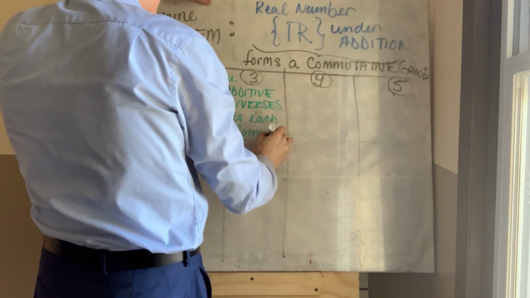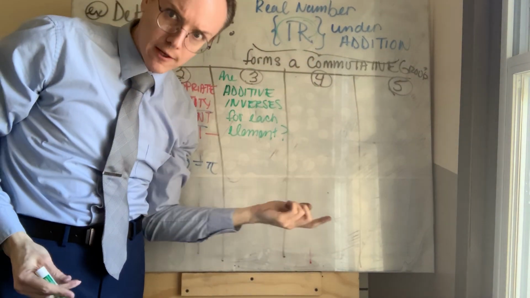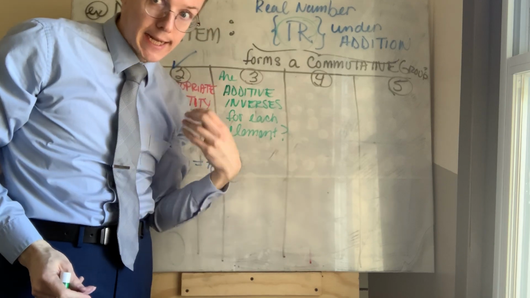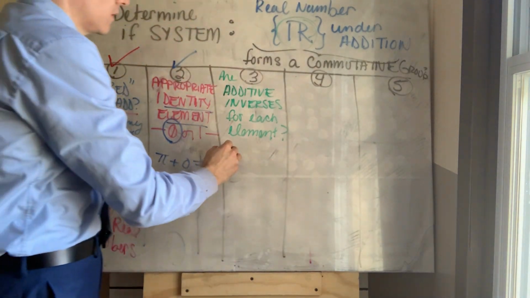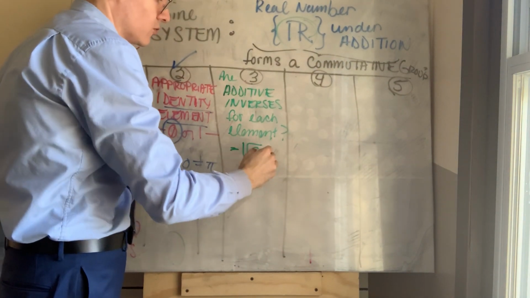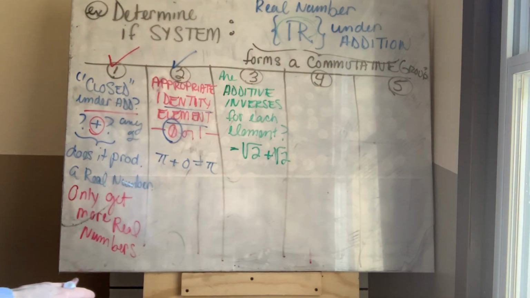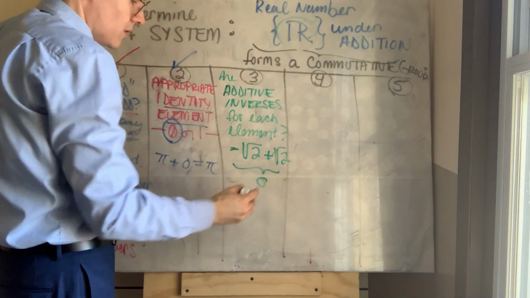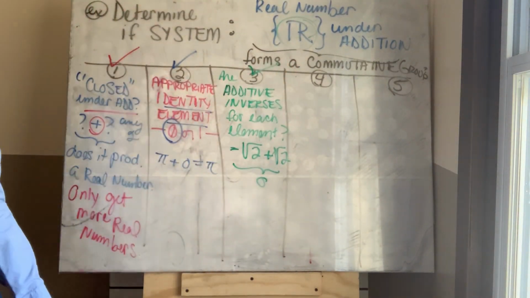Well, if you're very vaguely talking about the real numbers, that means that the negatives are included as well. A negative anything, a negative square root of 2. A negative square root of 2 plus the square root of 2 are additive inverses. They produce 0. So yes, that criteria is met as well.